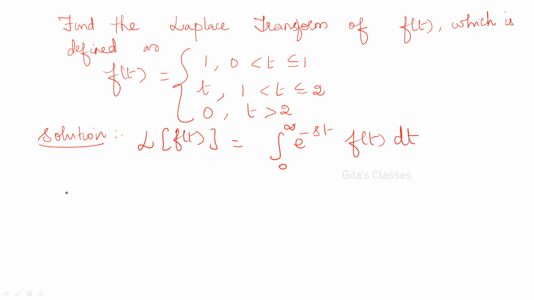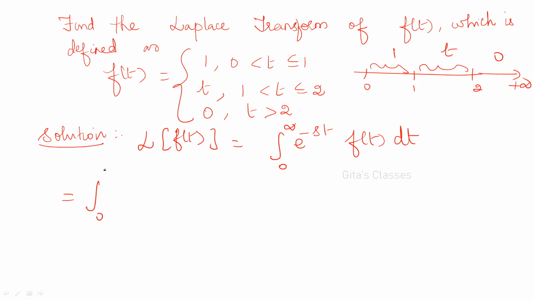Now it is defined as 1 from 0 to 1. From 1 to 2, in this interval it is defined as t. And the next interval, up to infinity, it is 0. So we will split the interval 0 to infinity into 3.